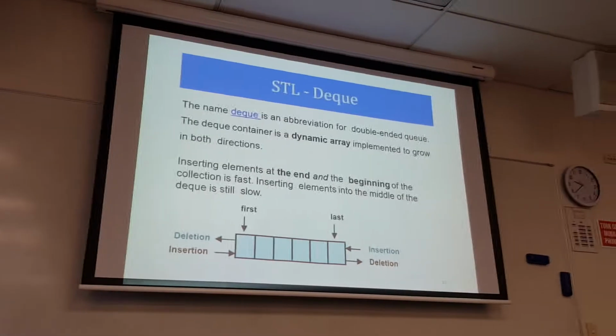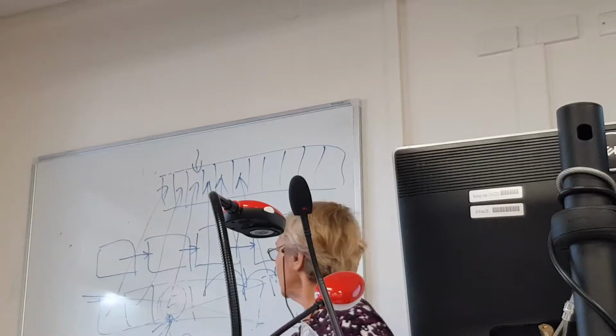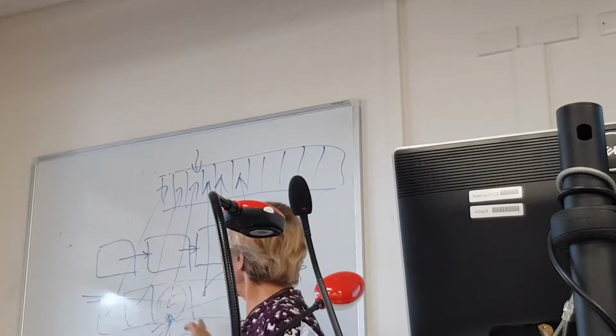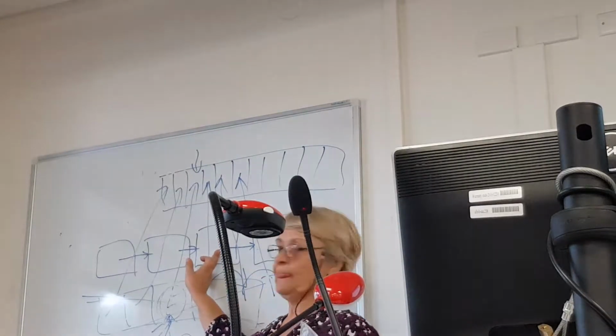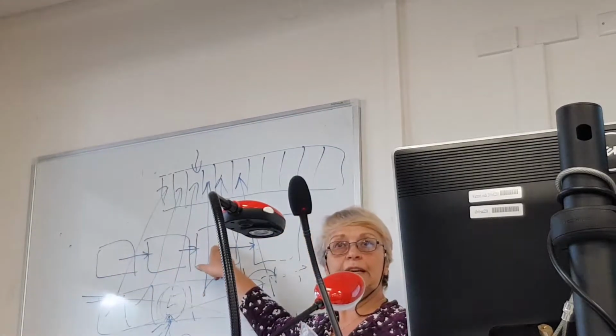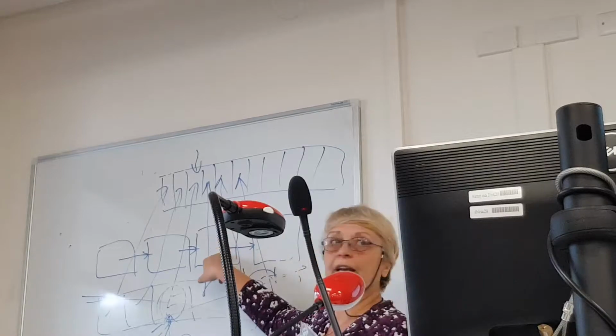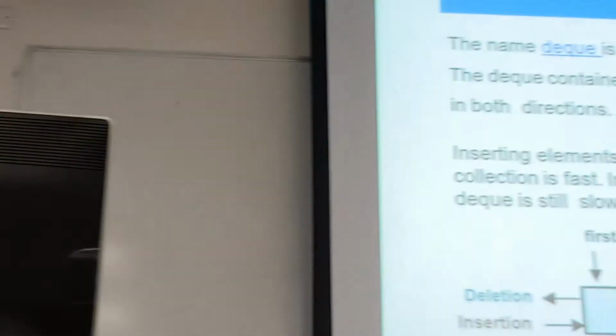In a linked list, to go to the third element, you can't jump straight to the third. This is random access. In a vector, you say, oh, I want the third element, give me a[3], and you jump straight there. But in a list, you have to start with the first element, go to the next, till you get to the third element, right? So no random access for lists.